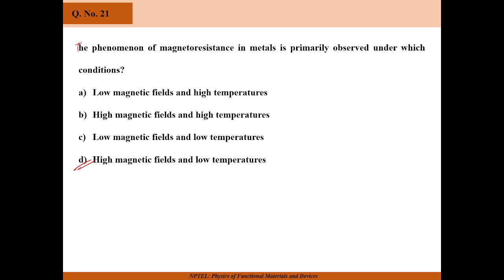The phenomenon of magnetoresistance in metals is primarily observed under which conditions? It is generally observed under high magnetic fields and low temperature. Researchers are trying to observe magnetoresistance at lower magnetic fields and normal, room temperatures.